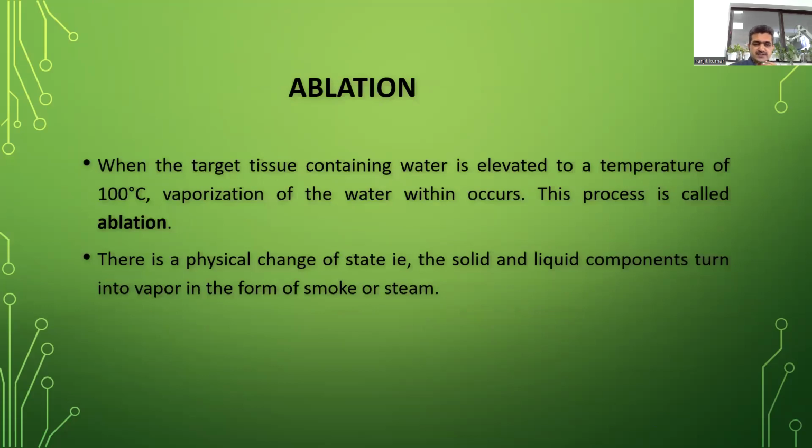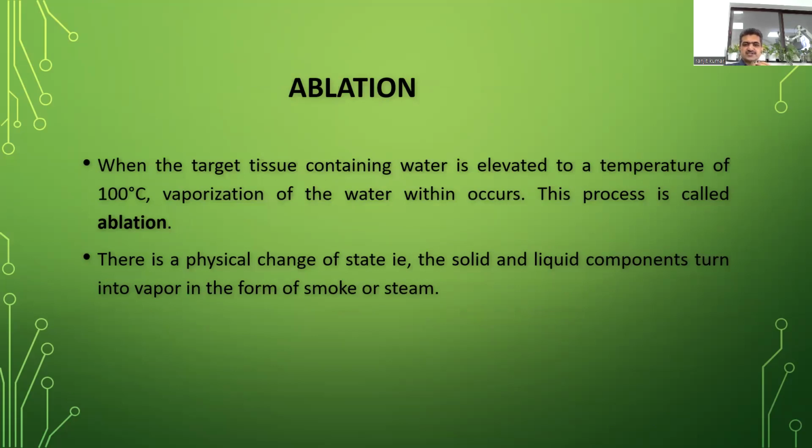So what is ablation? When the beam reaches the tissue, the tissue absorbs the beam of light, and the temperature reaches around 100 degrees. When it reaches around 100 degrees, the water content in the tissue is vaporized, and this process is called ablation.